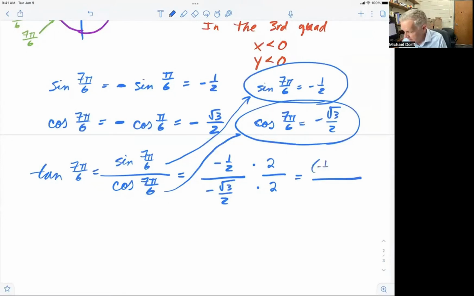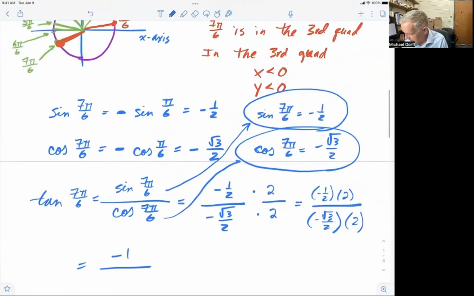Now when I do this, what do I get on top? I get negative 1/2 times 2 over negative square root of 3 over 2 times 2. The negative 1/2 times 2 on the top becomes negative 1, and the negative square root of 3 over 2 times 2 on the bottom becomes negative square root of 3. If you want to, you can put a 1 under each of these. I multiply the tops across and then the bottoms across.